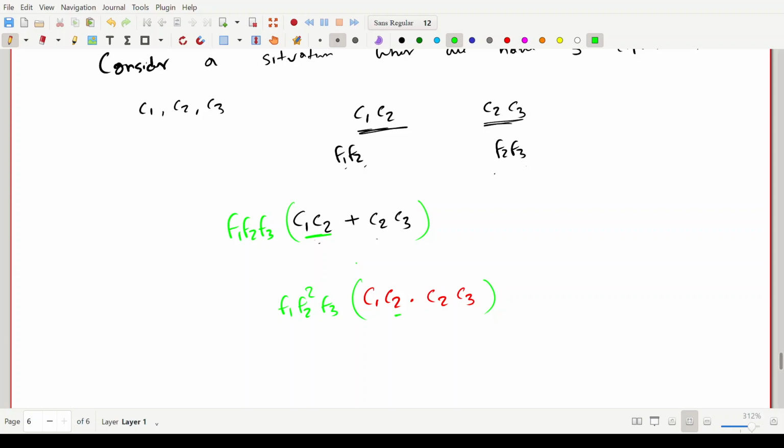Because there is C2 two times. So in this case, you'll require this F2 square. But that is a problem. Do you see? Because your circuit need not always be addition. If you are having this type of circuit, then your keys depend on your circuit actually, which is a problem.